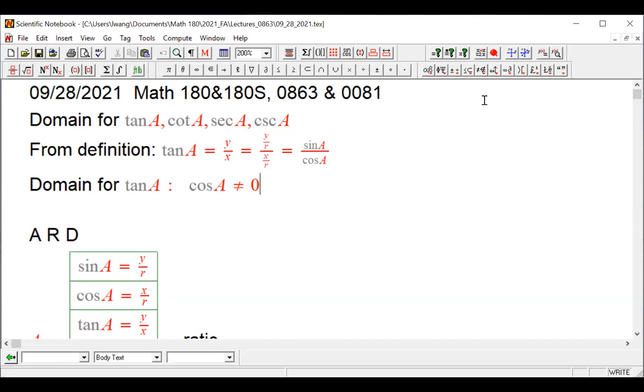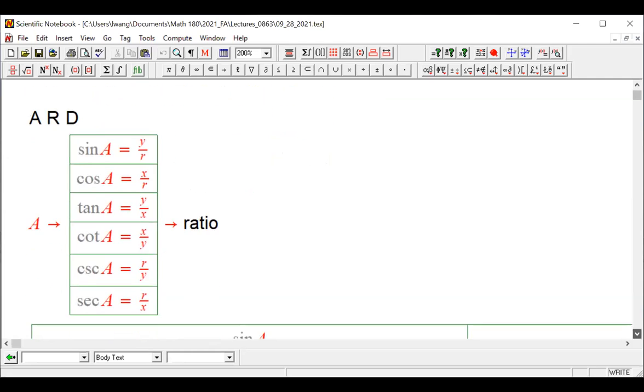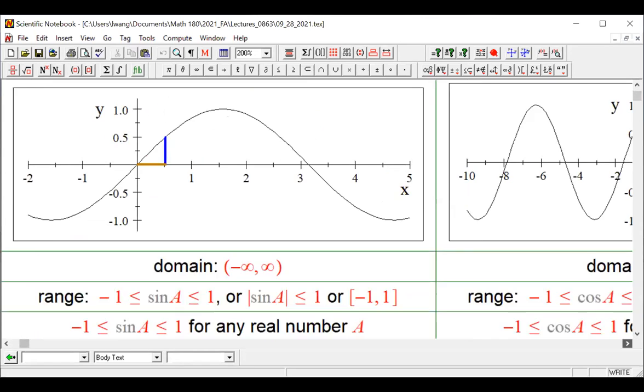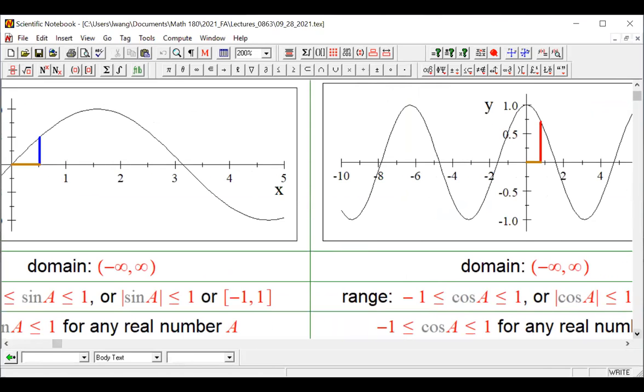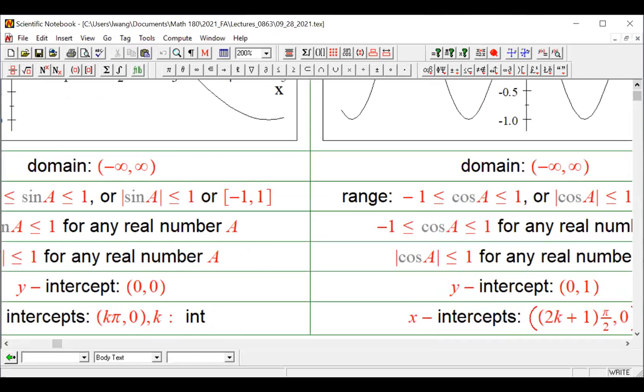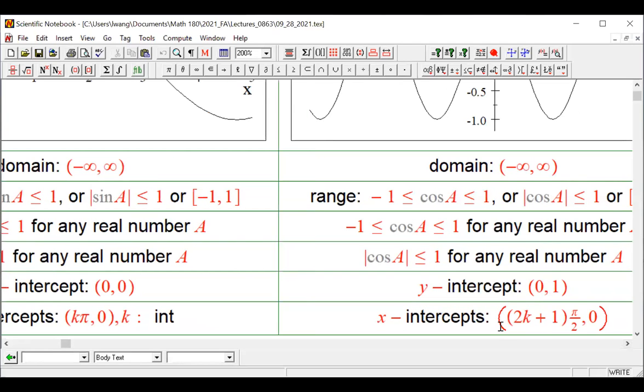When will cosine A be 0? We just talked about it, didn't we? The x-intercepts of cosine, what are those? When the input is an odd multiple of pi over 2, the output is 0.